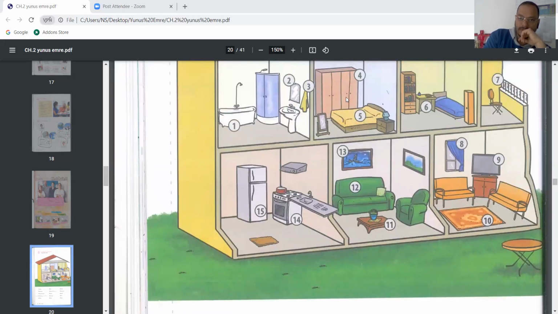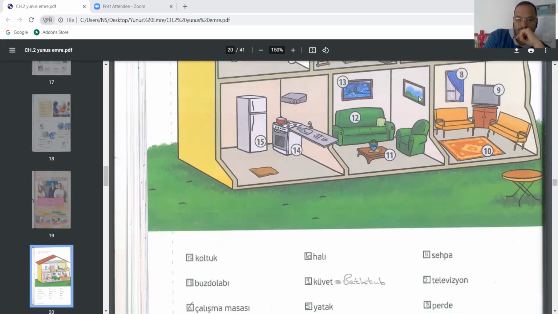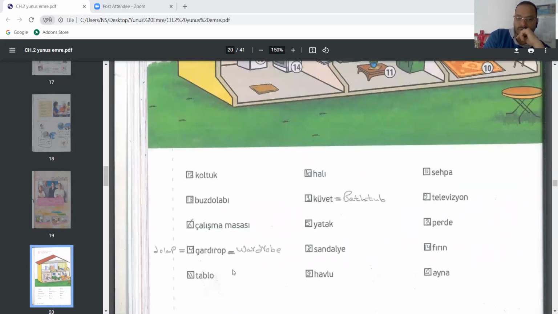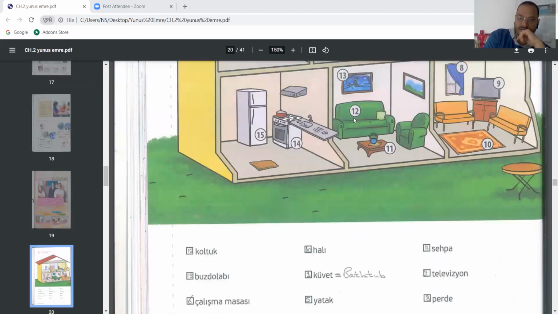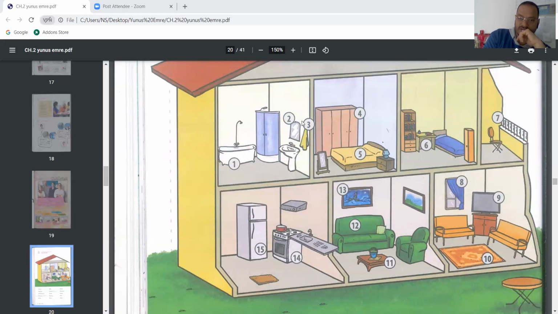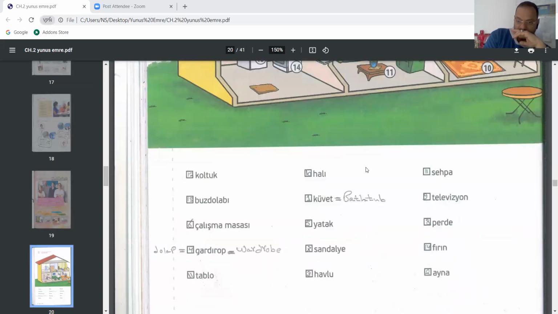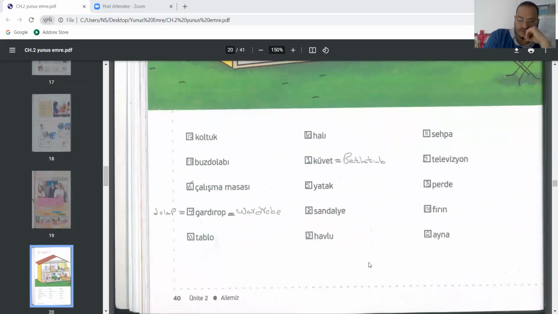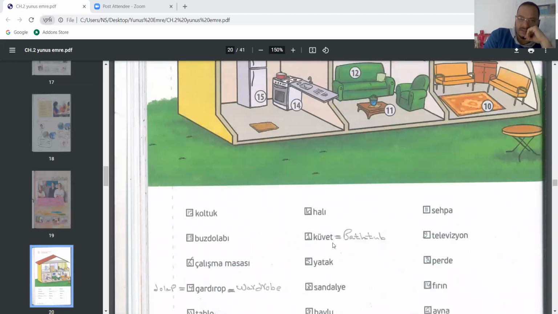Yatak, dolap, havlu, toilet, sandalye, çalışma masası, havlu, tablo, dolap, çalışma masası, havlu, ayna, this mirror, it's ayna, fırın, bu, this, that's it. Küvet, this küvet, that means bath tub.